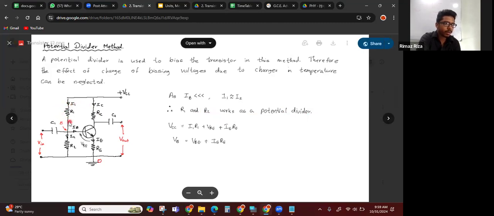Here the potential drop we can calculate using Ohm's law. I1R1 plus VBE plus IERE. Okay. And also VB we can write, VB is equal to VBE plus IERE. Potential at A equals this potential drop plus this potential drop.